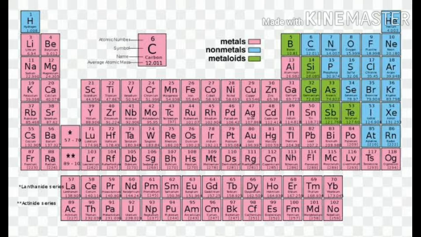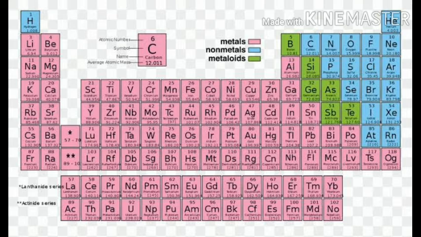Because of their presence, the effective nuclear charge exerting an attractive force on the valence electrons is somewhat less than the actual nuclear charge. Thus, the number of valence electrons in a metal is small, as you can see on the screen right now. Also, the effective nuclear charge exerting attractive force on the valence electrons is small.